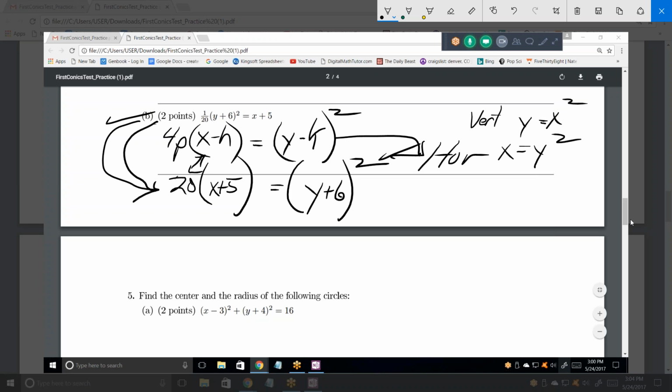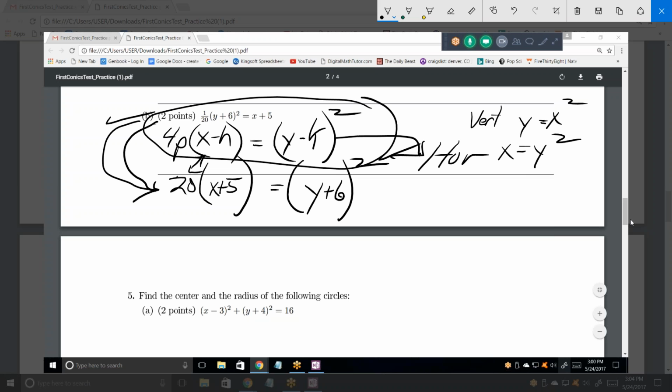So, now I switch sides for one reason only, but make sure you follow my logic. You switch sides to make it fit the formula. Exactly. I'm trying to fit the general format.